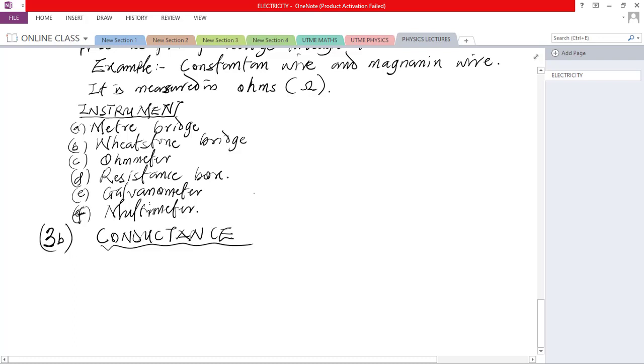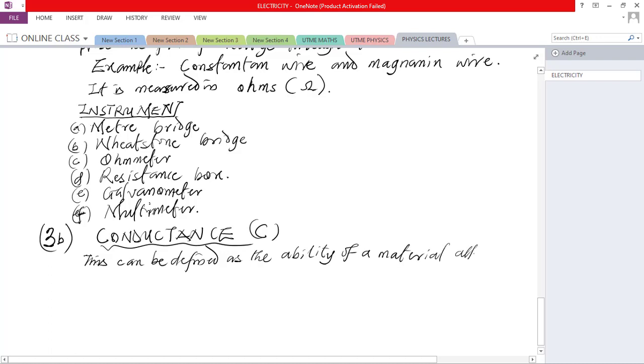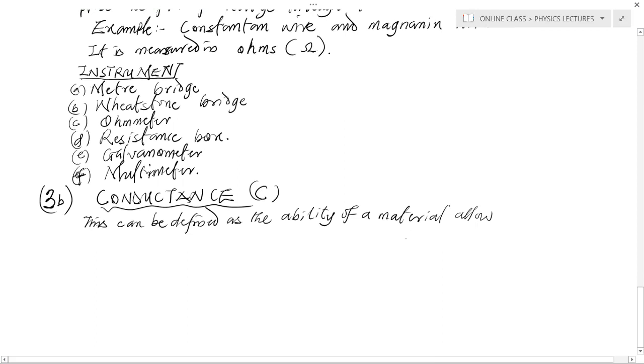So that one is represented by C. Now here, this can be defined as the ability of a material to allow the flow of charge through it.